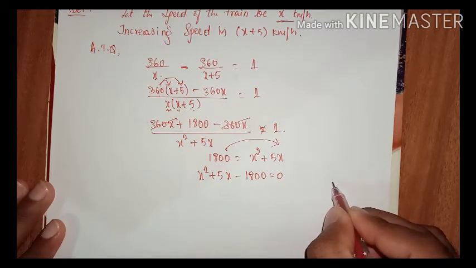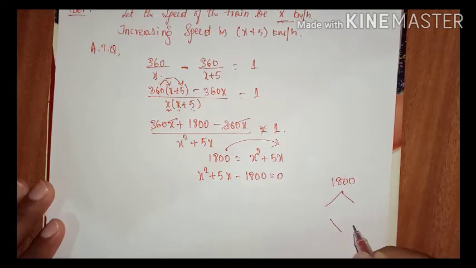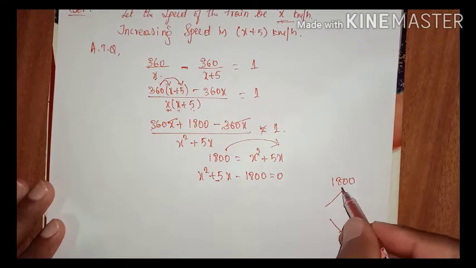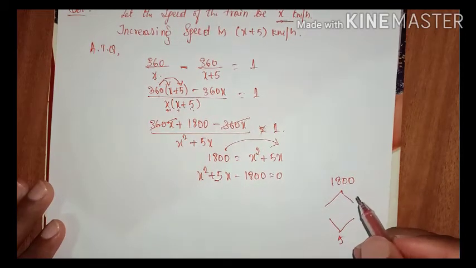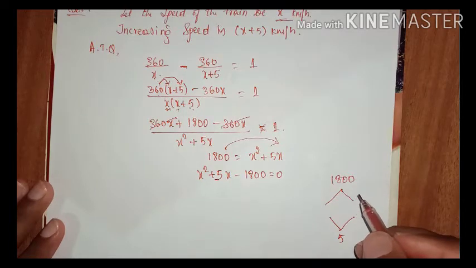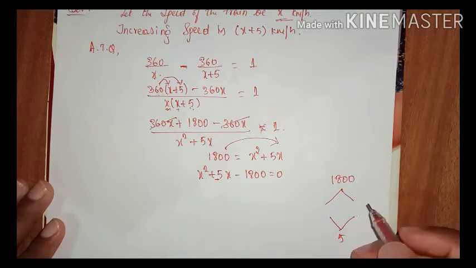So here it is 1800. So how much I supposed to get? It is plus 5. So here, when you get 1800 or something like that, a greater number, you can go with the LCM also. By taking the LCM, you can make the group of numbers. Here 1800, it is nearly 40.